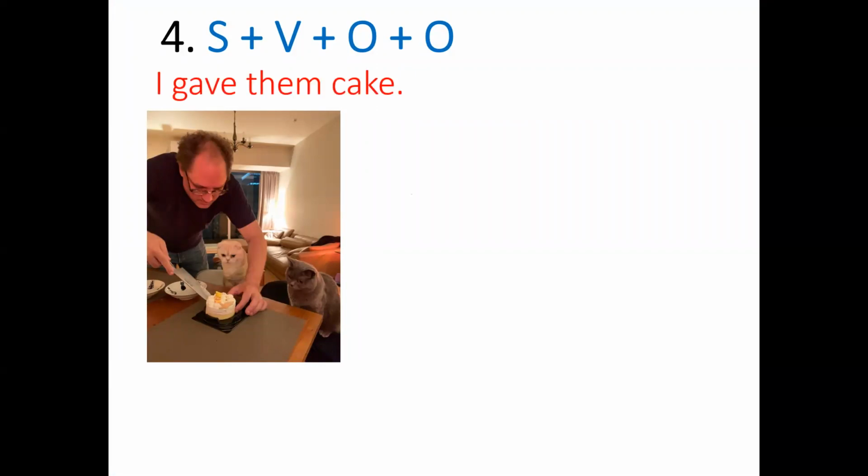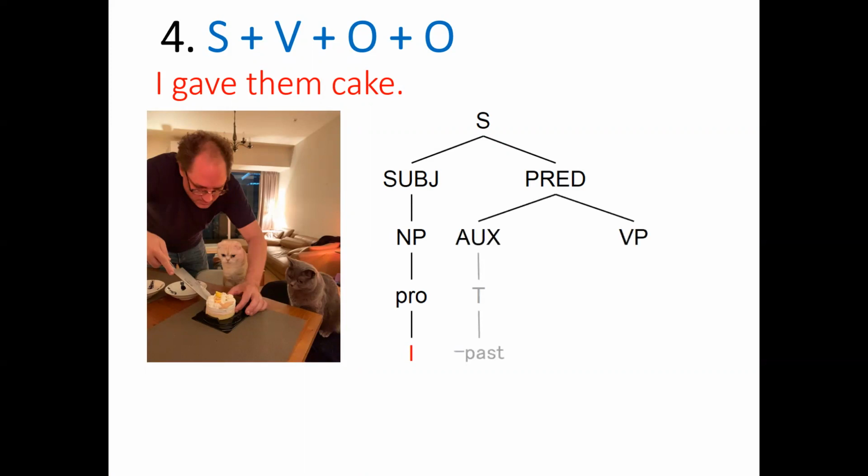It's actually cake especially for cats, and the occasion happens to be Ruby's first birthday. So our tree diagram for this sentence has the same constituents we looked at previously, a sentence with a subject and a predicate. The subject has a noun phrase from which we can generate the particular lexical item I. And the predicate is expanded to include the auxiliary and the past tense.